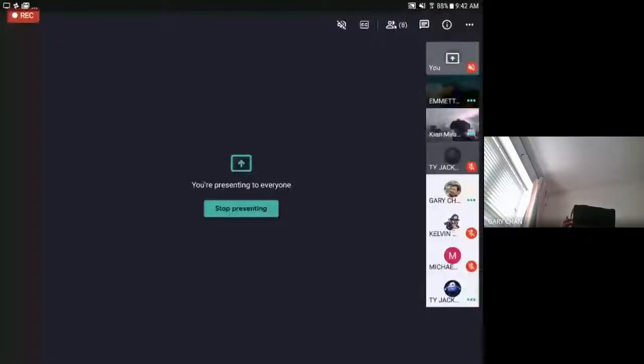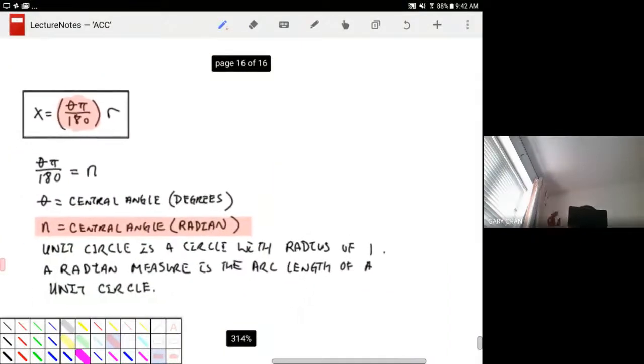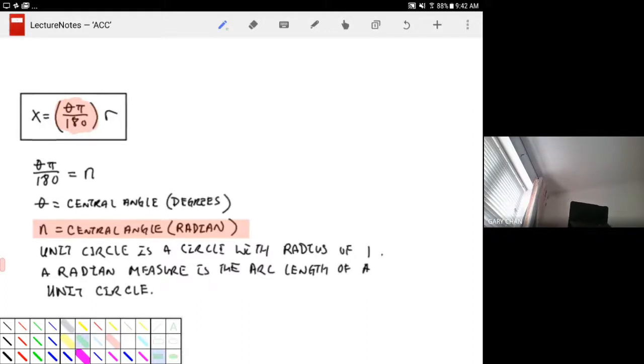Again, the conversion that I just gave you a moment ago is this thing that's highlighted. What's highlighted in green is the conversion from degrees to radians.